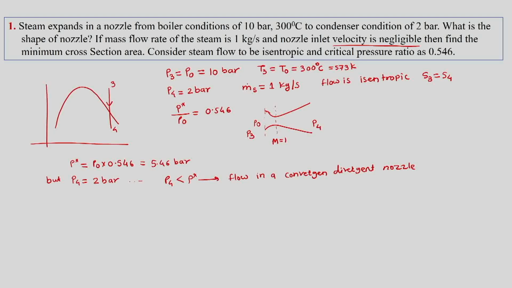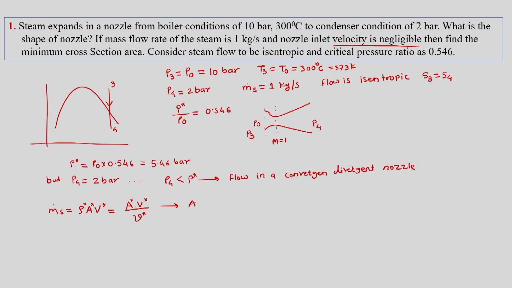So having said this, we will move to the next point, where it is asked to find the minimum cross section. We know that m dot s is equal to rho a v, where we will take v as v star, a as a star, rho as rho star, but instead of that we can say a star into v star divided by the specific volume at star.